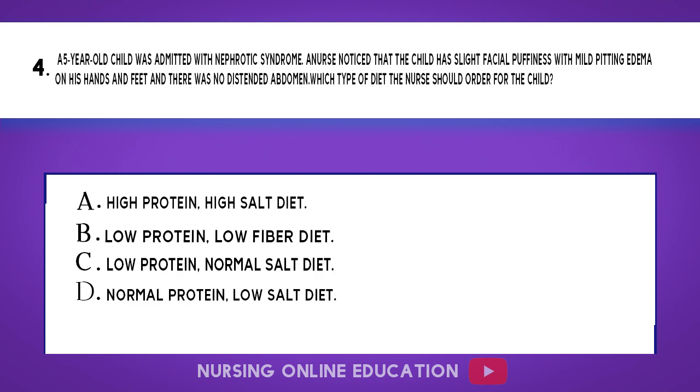4. A 5-year-old child was admitted with nephrotic syndrome. A nurse noticed that the child has slight facial puffiness with mild pitting edema on his hands and feet, and there was no distended abdomen. Which type of diet should the nurse order for the child? A. High protein, high salt diet. B. Low protein, low fiber diet.